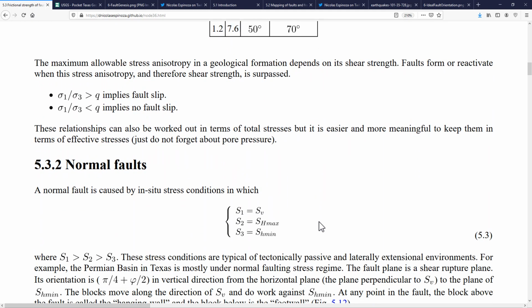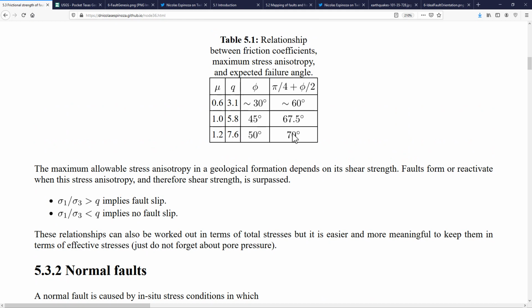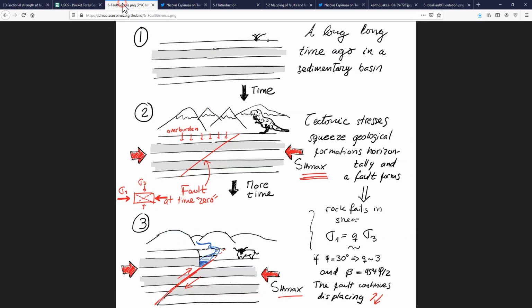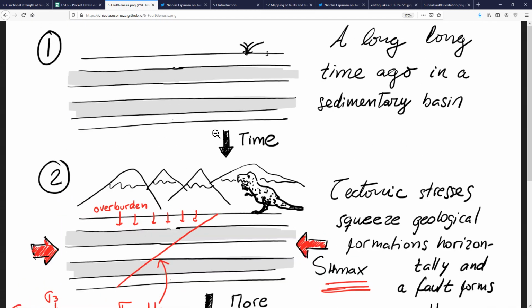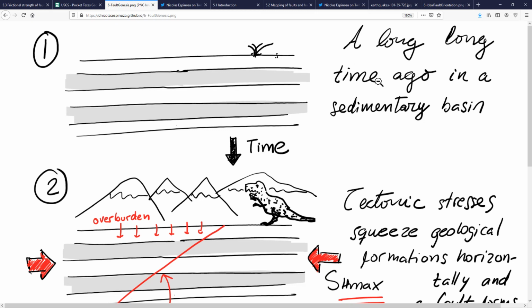And in order to do that, let me start here with one example, in which let's imagine that we are placed a long time ago, let's say 200 million years, and there is a brand new deposited sedimentary basin which didn't suffer any tectonic strain so far, and all the layers are perfectly flat and perfectly horizontal. This is what gravity would do in a sedimentation process.